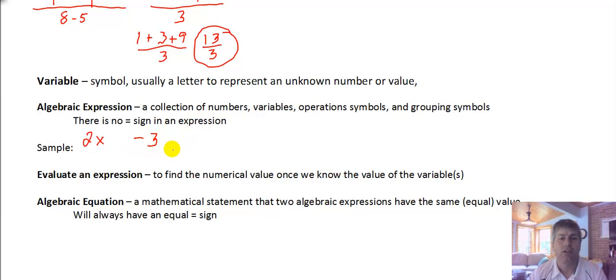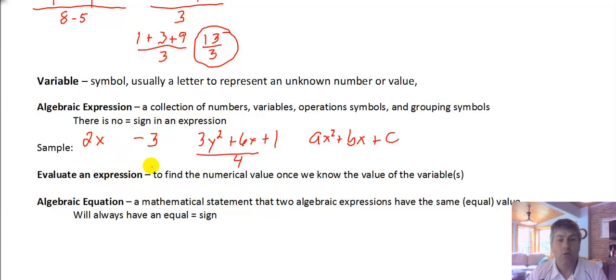The integer negative 3 is an algebraic expression. 3y squared plus 6x plus 1 over 4 is an algebraic expression. ax squared plus bx plus c is an algebraic expression.